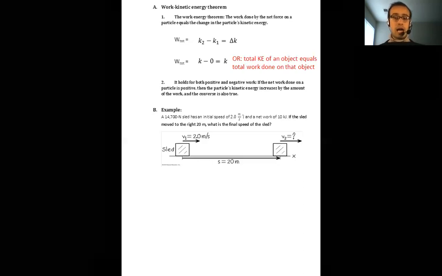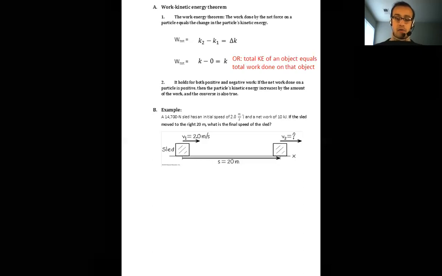It makes our life a lot easier. This also holds for both positive and negative work. If the net work done on a particle is positive, then the particle's kinetic energy will increase by the amount of the work. And also, if the work done is negative, then the kinetic energy will decrease by the amount of work done.